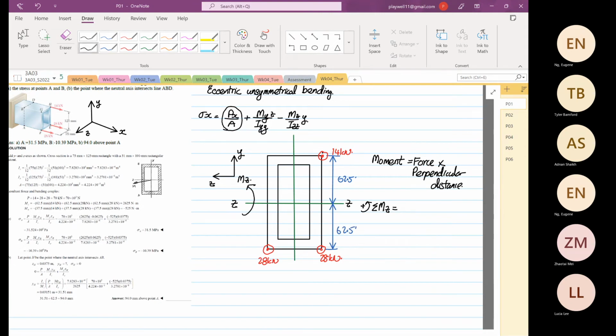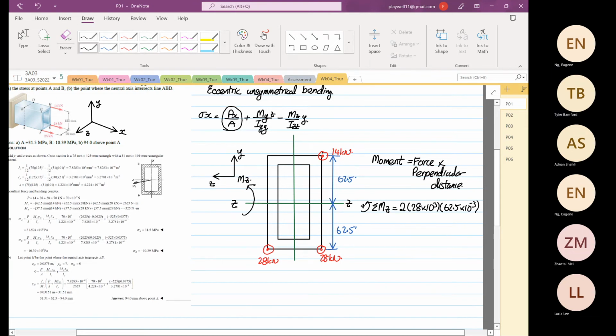So with this, we look at the 28. Both 28 are going to generate an anti-clockwise direction. So 2 multiplied by 28 times 10 to the power 3, multiplied by 62.5, which is in millimeters, I change into meters.